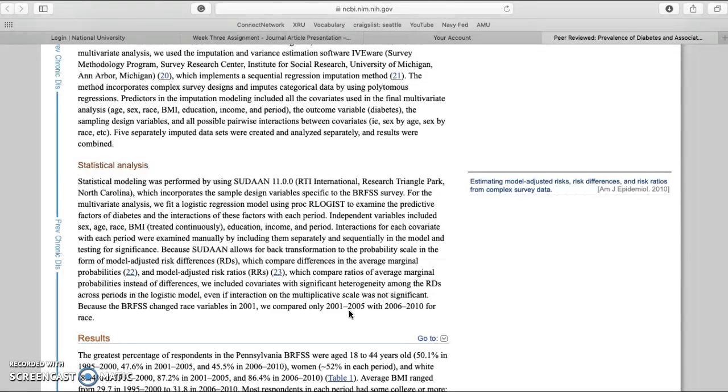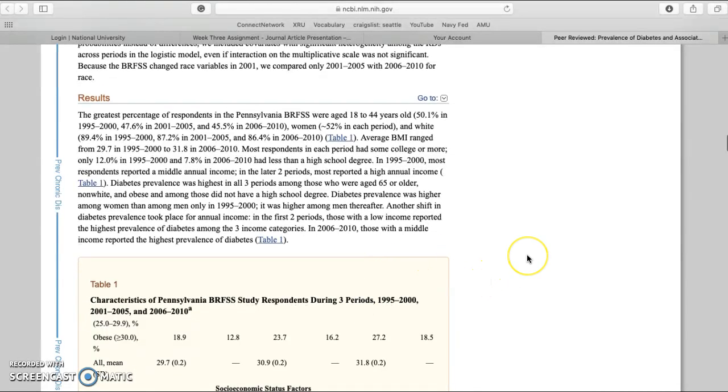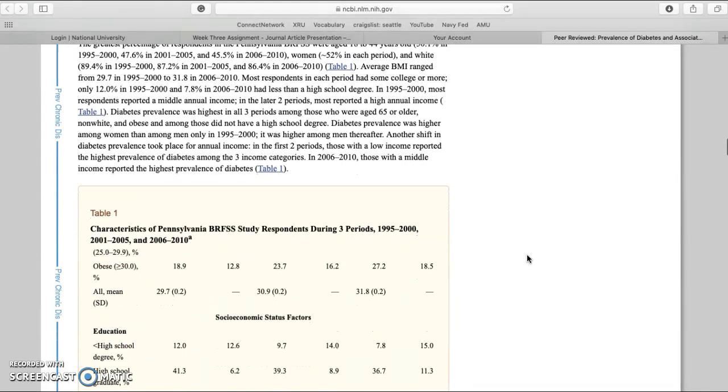So, some of the results that they got from all that. Scroll down here, and you'll start seeing these tables, and we'll go over that. I'll talk about results as a whole, and then we'll just breeze through the tables because it's the same thing really. So the greatest percentage of respondents from that survey was aged 18 to 44 for men from 1995 to 2000.